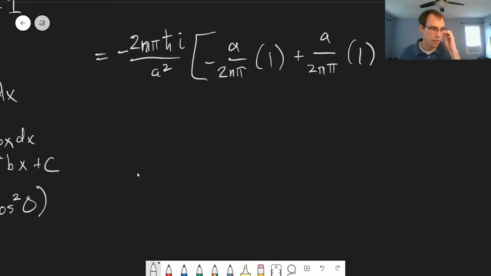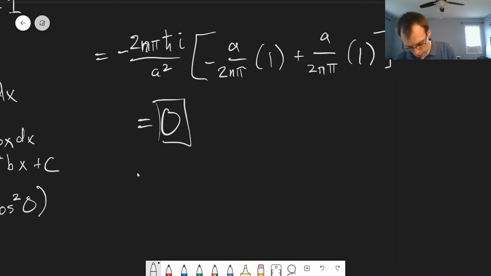We get cosine squared of n pi, which is always equal to 1, and cosine squared of 0, which is always equal to 1. And so these two terms cancel each other out, and our expected value for the momentum is 0. We went through all that work just to get 0 as our final answer.